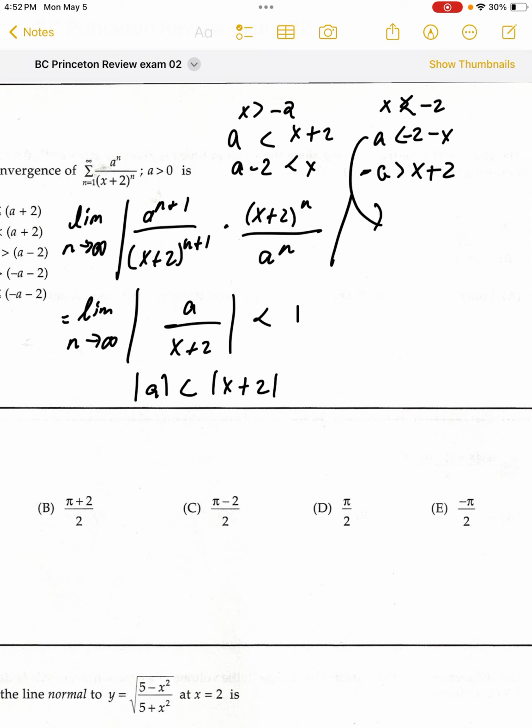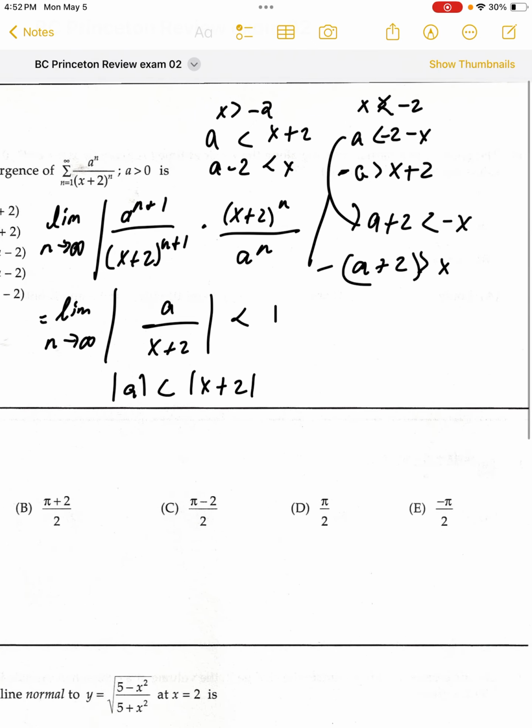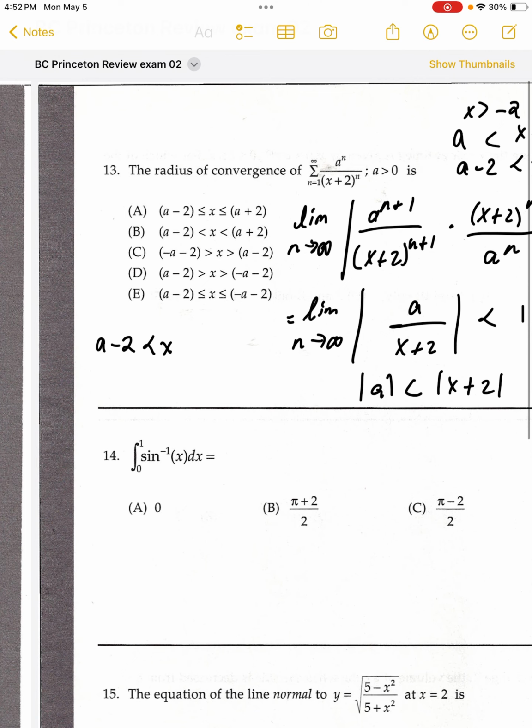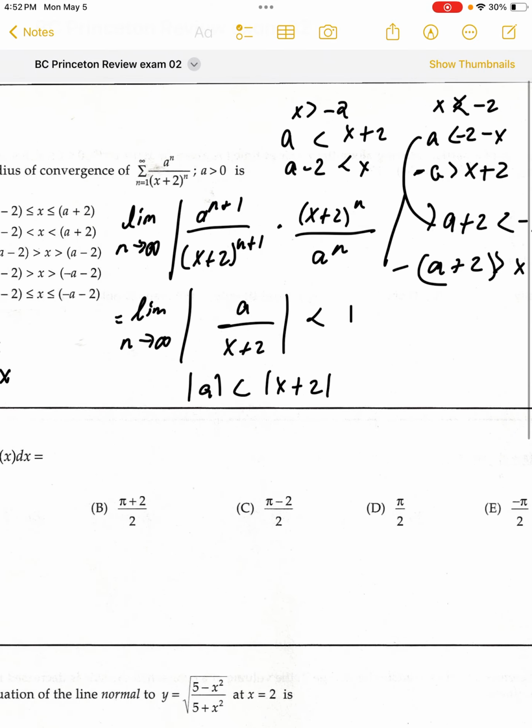Or when x is less than negative 2, let me solve this equation really quick. So a plus 2, right, and then we get negative a minus 2 bigger than x, right?